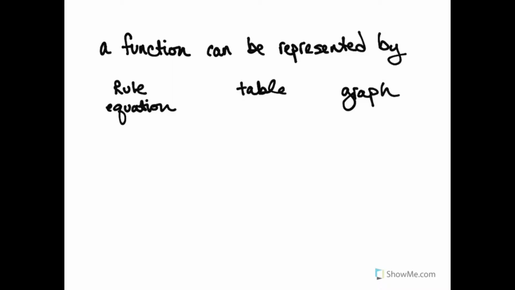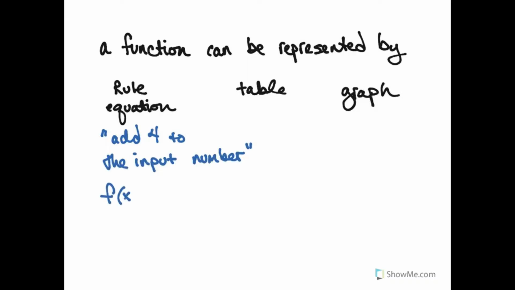So a rule or an equation might look like add 4 to the input number, and we would write that as f of x equals x plus 4. A table would have x for the input and f of x for the output.